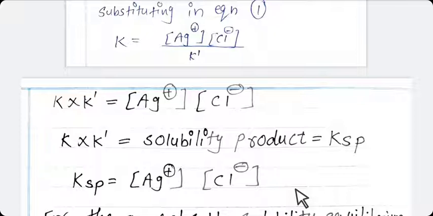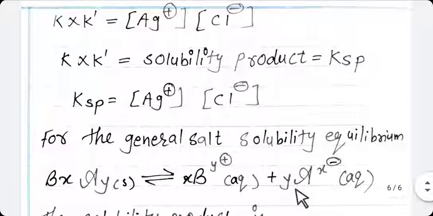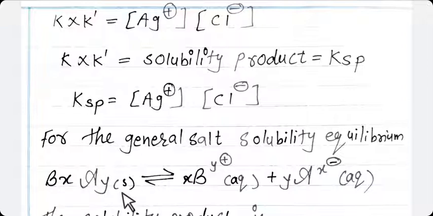Now for a general salt, BxAy solid, we get x B^y+ aqueous plus y A^x- aqueous.